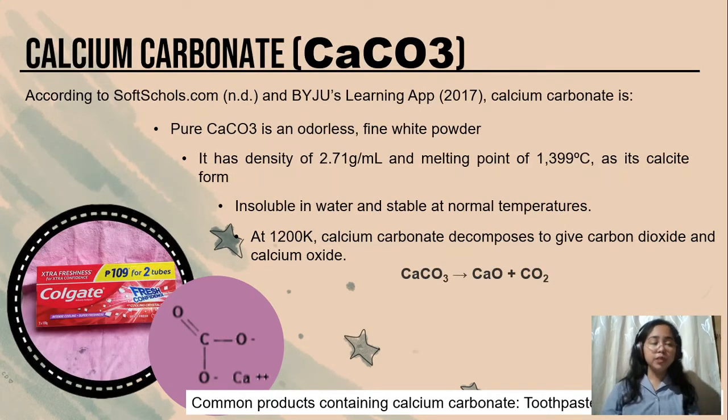Next, calcium carbonate. Its molecular formula is CaCO3. Pure CaCO3 is an odorless, fine white powder. It has a density of 2.71 g/mL. The melting point is 1399 degrees Celsius in its calcite form. It is insoluble in water, so incapable of dissolving in water, and stable at normal temperatures.